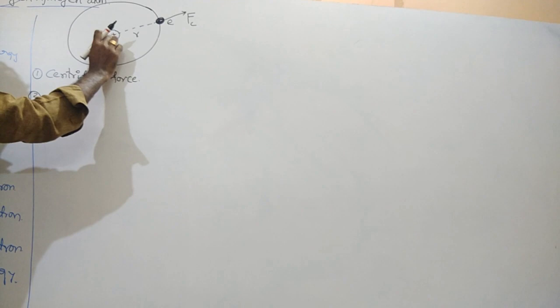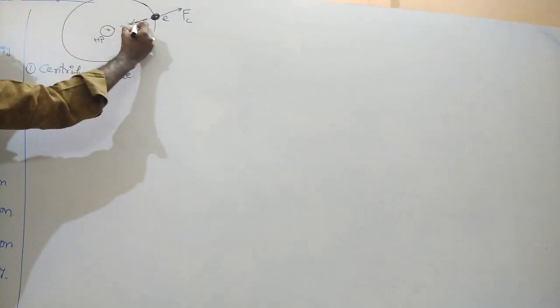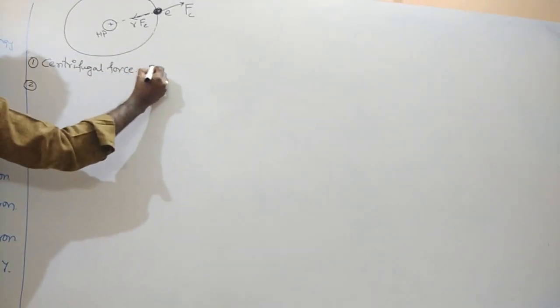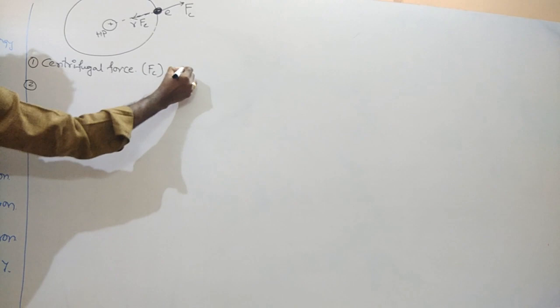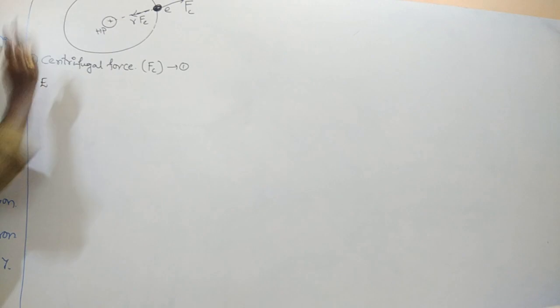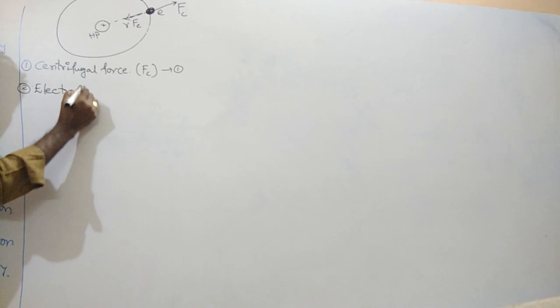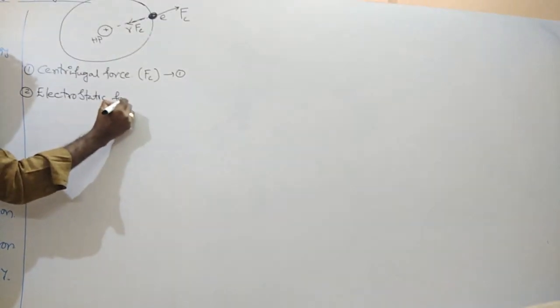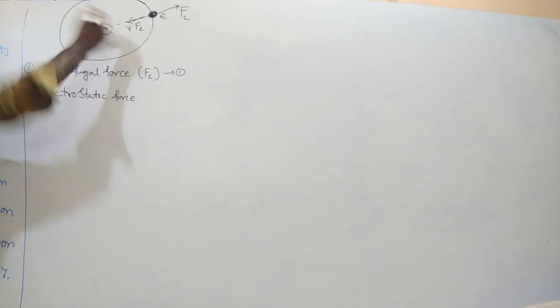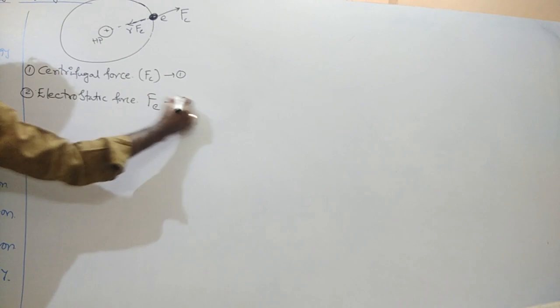Due to the positive charge of the nucleus, the negative charge of the electron is pulled towards it. Fe, the electrostatic force, is acting towards the nucleus, while the centrifugal force Fc is acting outward.